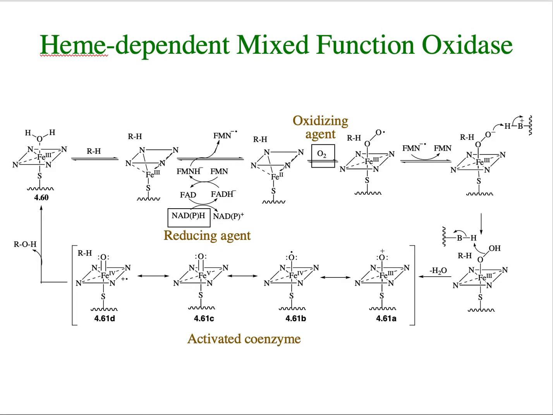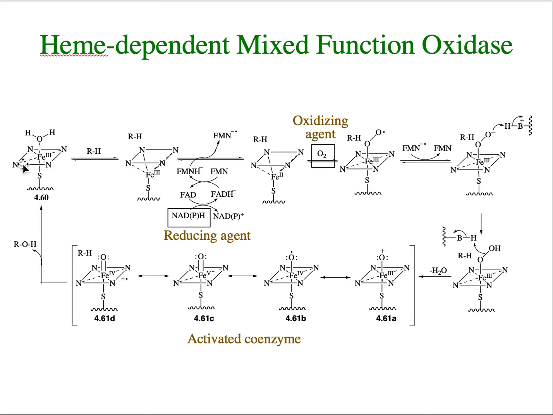So how cytochrome P450 works is pretty neat. Again, we have iron, and we're going between iron 2, 3, 4, and 5. It's pretty incredible, all the different oxidation state changes that iron is doing in this process. And so we start here. The iron is being held in a heme structure.